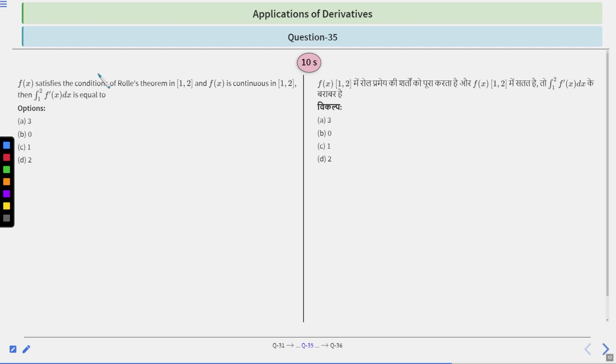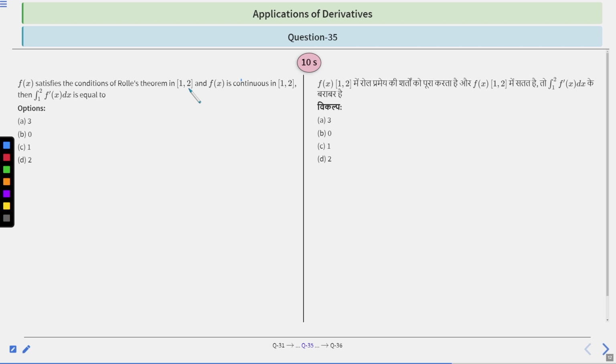So see, the condition is satisfying Rolle's theorem. What is Rolle's theorem? Rolle's theorem says that if a function is continuous in the closed interval 1 to 2 and differentiable in the open interval 1 to 2, right? And if f(a) is equal to f(b), that is f(1) should be equal to f(2), then there must exist at least one c where f dash c is equal to 0.